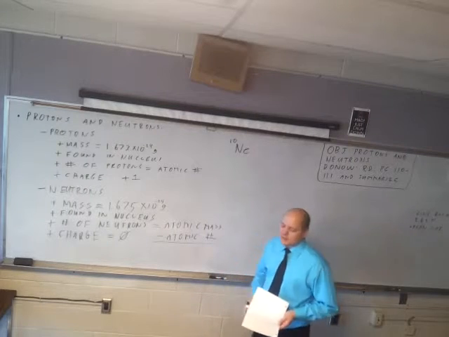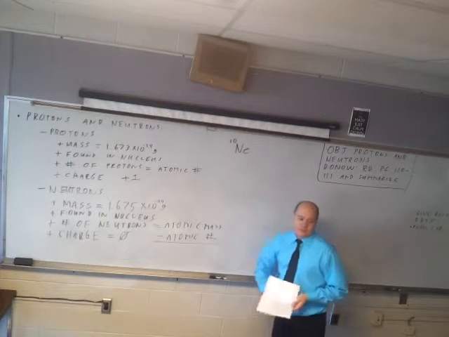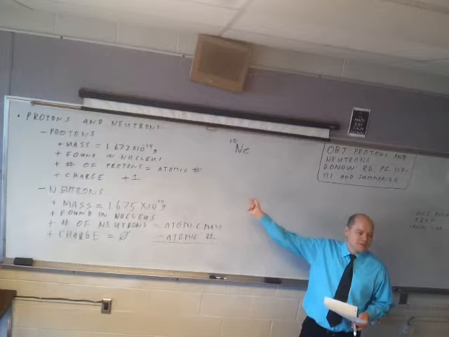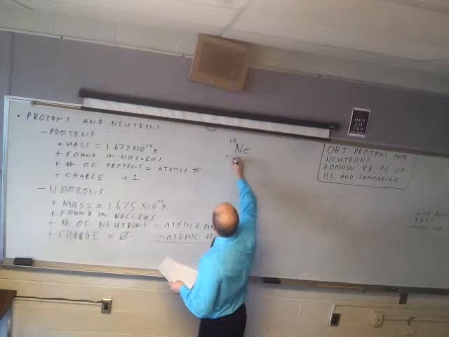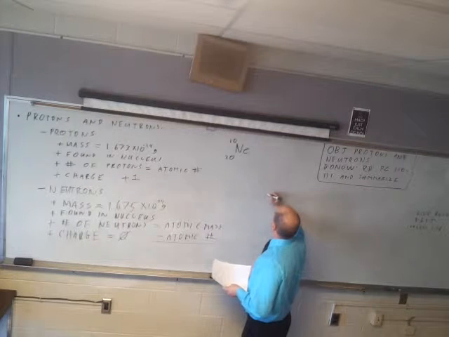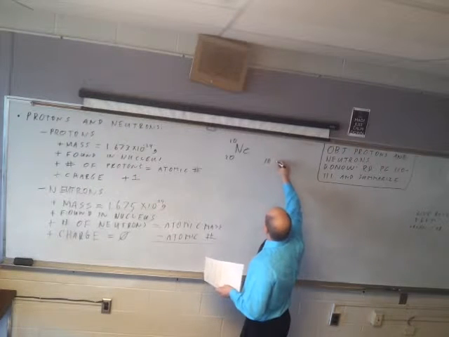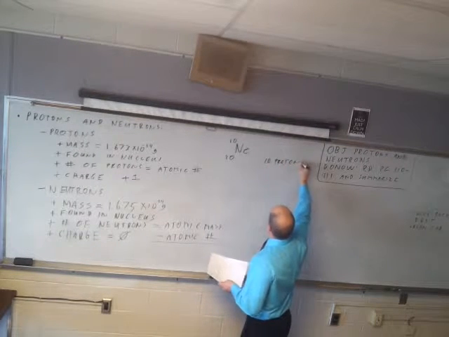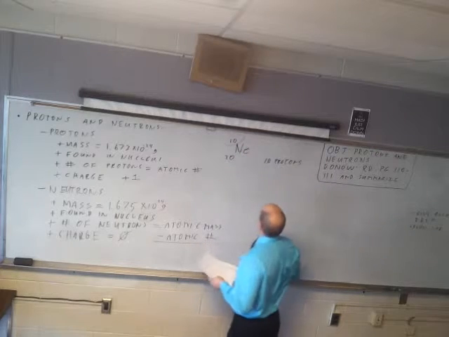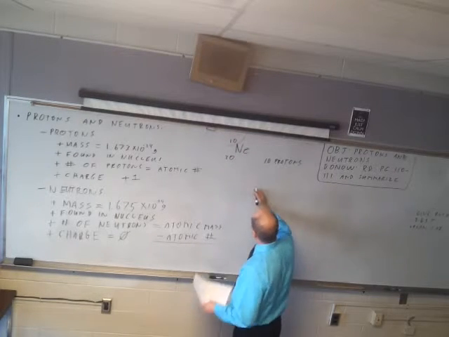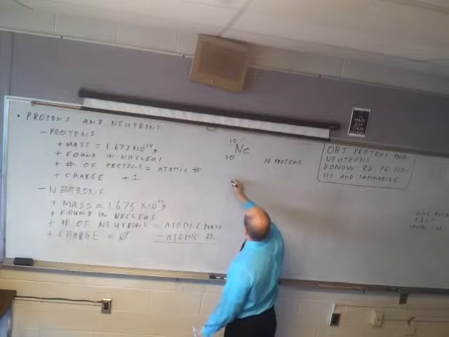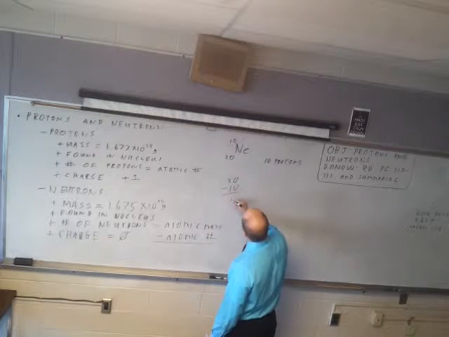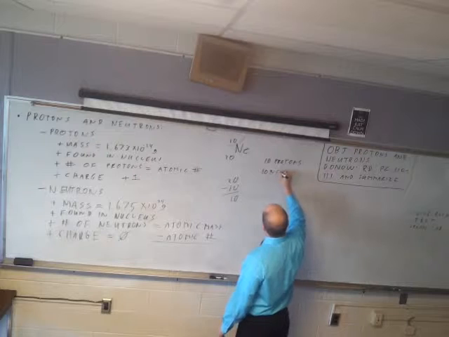What is the mass? 20. Okay, so number of protons. 10 protons, right? Protons is just this number. You just look at the number. Neutrons? That's also 10. It's 20 minus 10, right? So 10 neutrons.